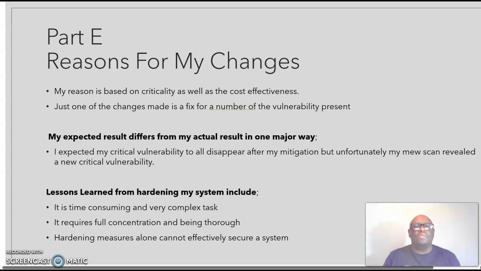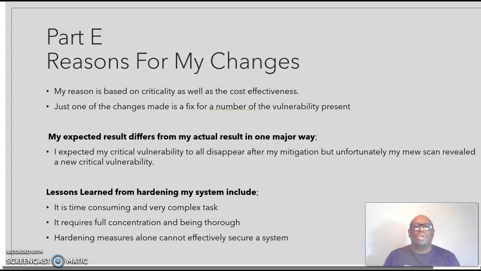The first reason is based on the criticality of the vulnerability. I decided to choose the most critical ones to mitigate first because it's not possible to mitigate everything at the same time. So I started from the most critical one, and at the same time, I also looked at cost effectiveness, because the cost of fixing these vulnerabilities is also an important factor.